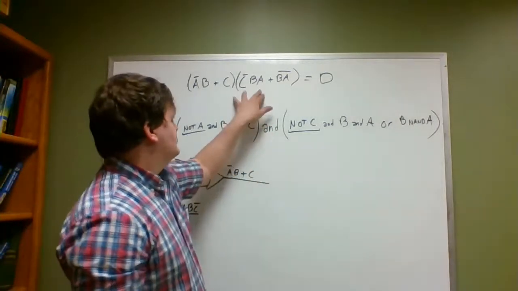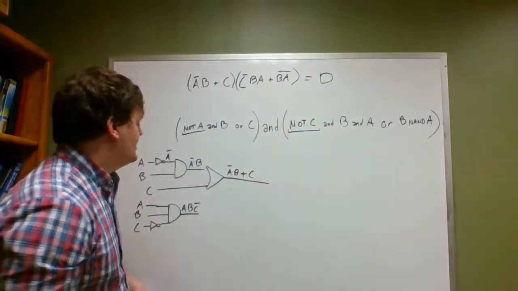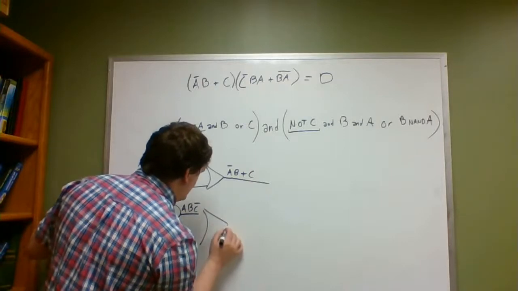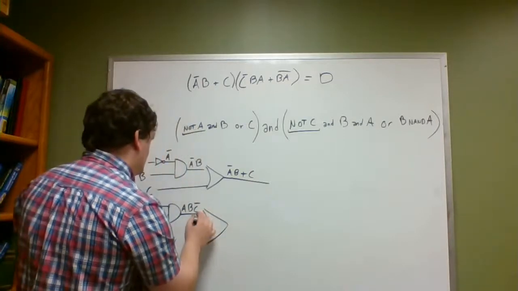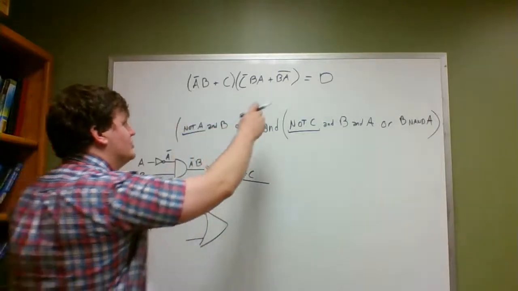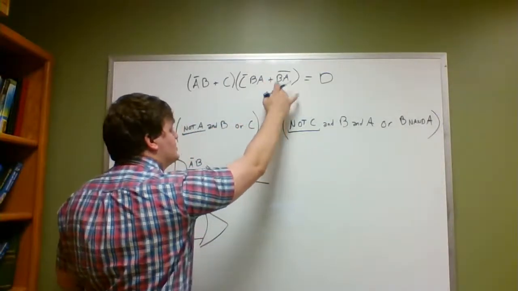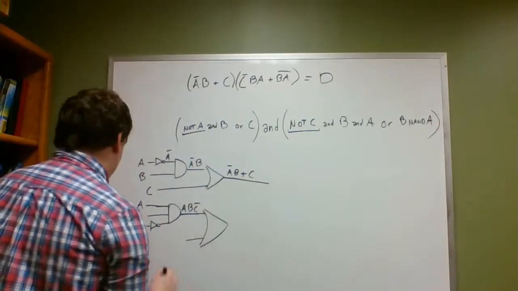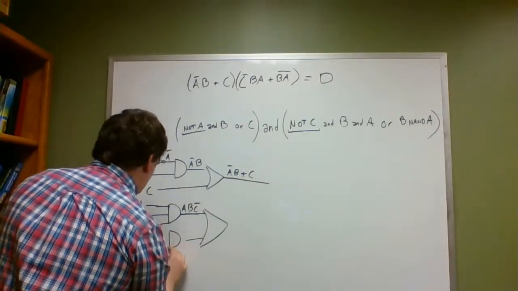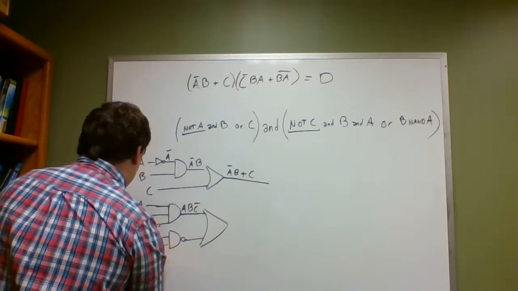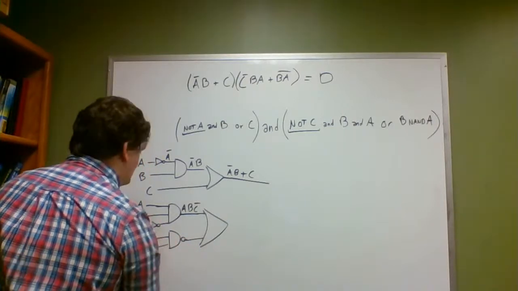That's this term. I need this one, and they have to be added together. So I'm going to create another OR gate. And going to pull this out, and we have not B and A, or B NAND A. So I'm going to go ahead and create a NAND gate and put A and B in here.